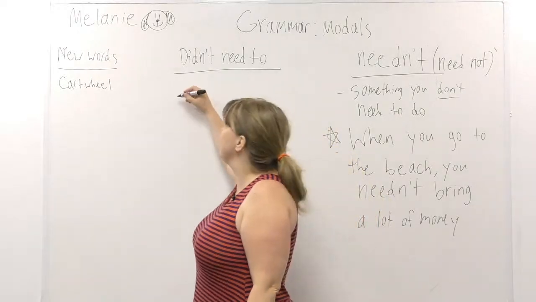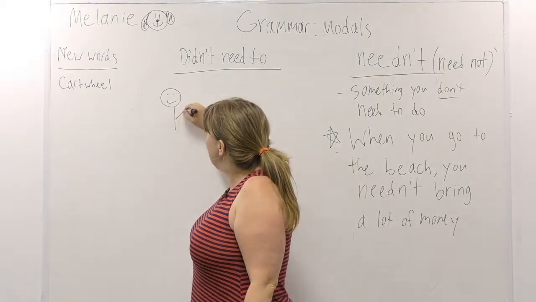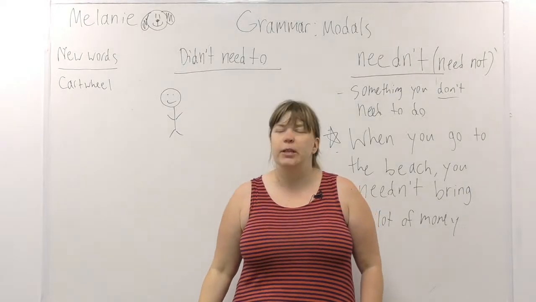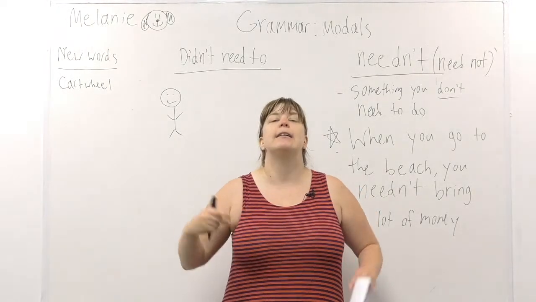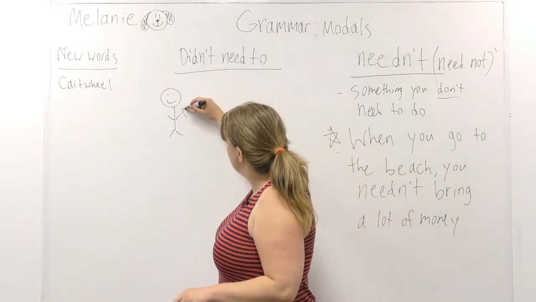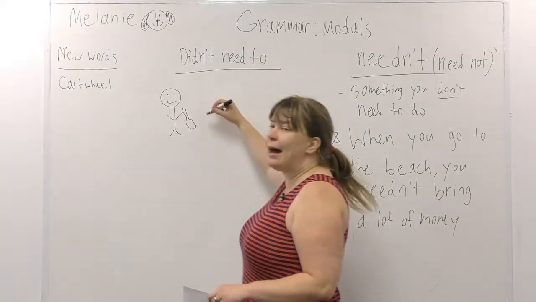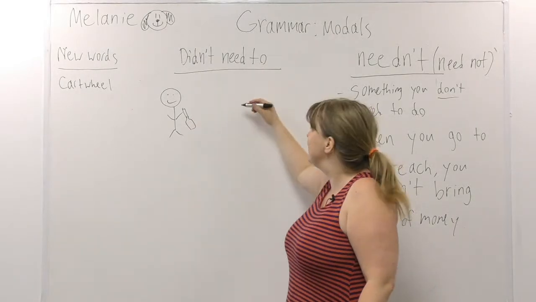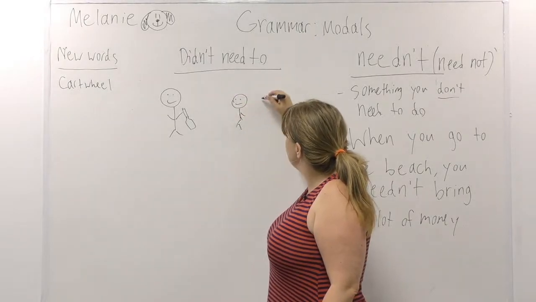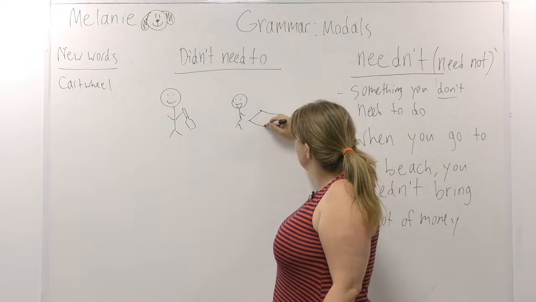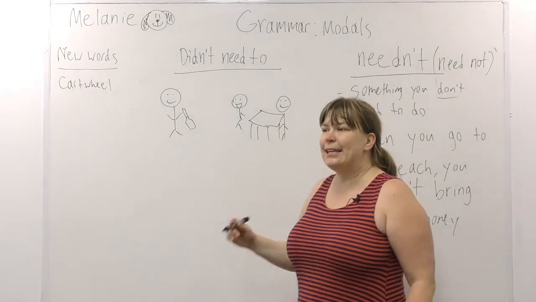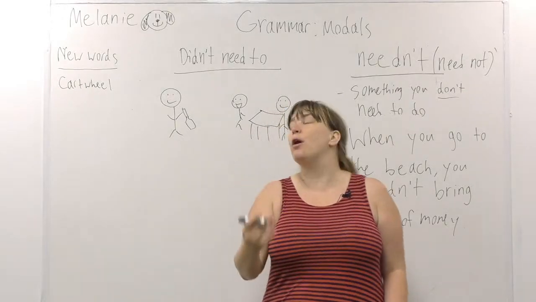So let's say, for example, I am going to my friend's dinner party, and I thought, you know what, it would be really nice if I brought a bottle of wine. So I bring a bottle of wine, pardon the awful drawing, and so then my friend, so this is the dinner party, yay! And I'm like, hey friend, I brought some wine.